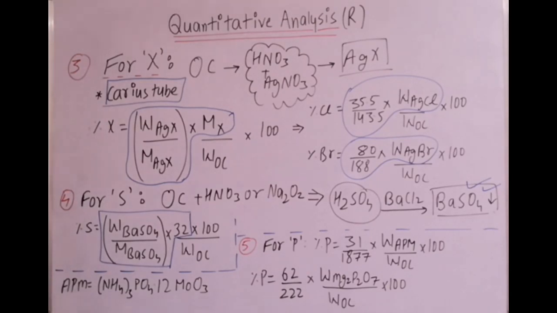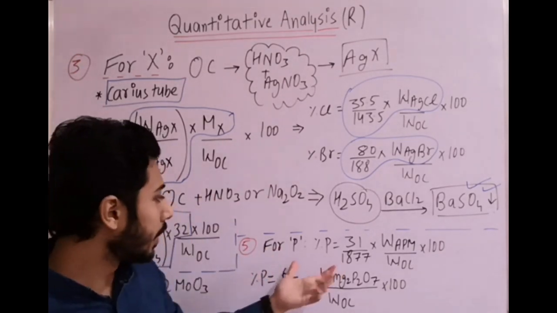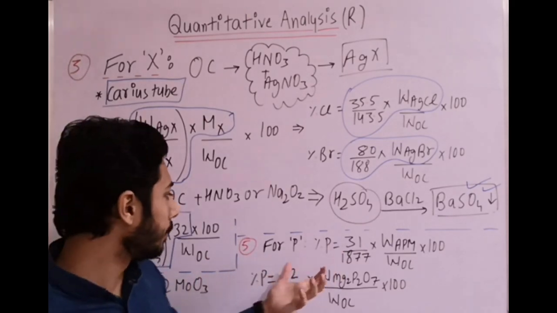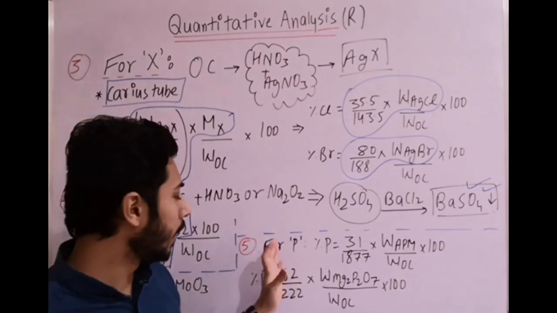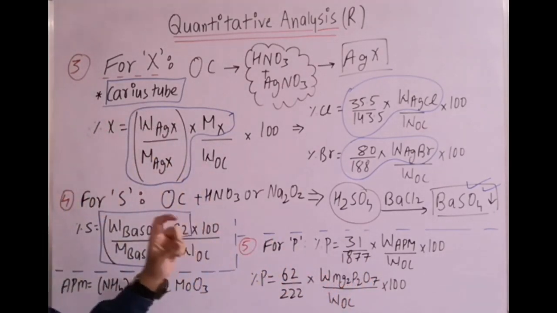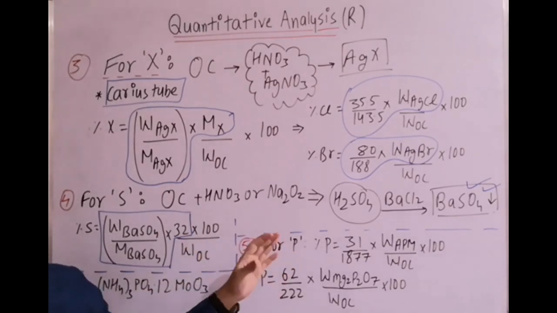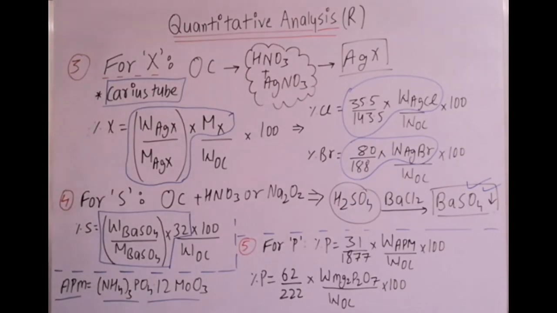Then next is percentage of phosphorus. So two methods are given in NCERT. One is estimation of phosphorus: we treat it with the same method, Carius tube with HNO3, and it forms phosphoric acid. Then if we add ammonia and ammonium molybdate to that phosphoric acid, we get ammonium phosphomolybdate, which I am mentioning here as APM, and using that we estimate the percentage.